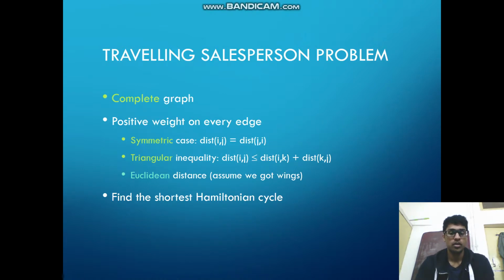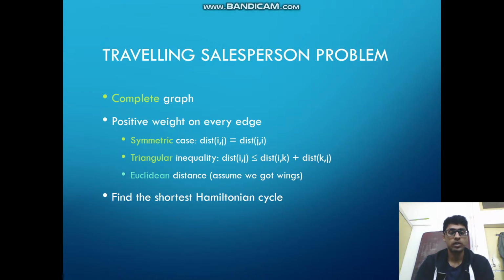So to put it in a nutshell, we have a complete graph, which means we can go from every node to any node. Then the weights on every edge are positive because these are distances, and the problem can be symmetric or asymmetric. That is, the distance between two nodes i and j may or may not be equal to the distance between j and i, but in real problems it will obviously be equal.